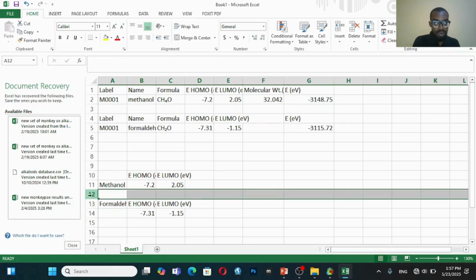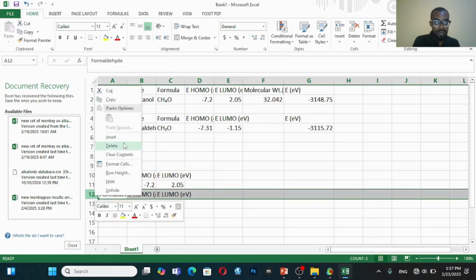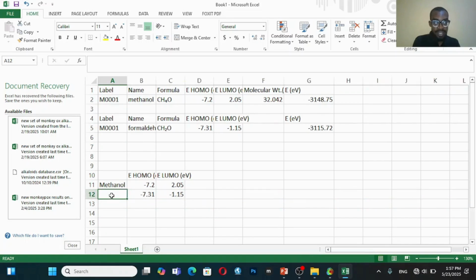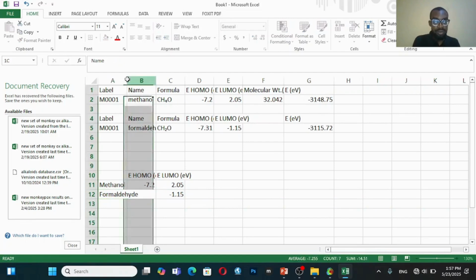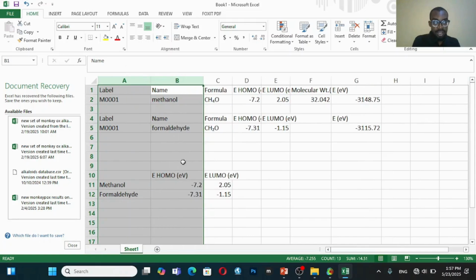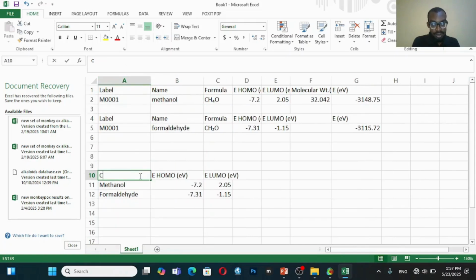Good. So remove this. Formaldehyde. I would also want to remove these two. You should also know how to work with Excel. So formaldehyde. Now, so these are the compounds, and then this.